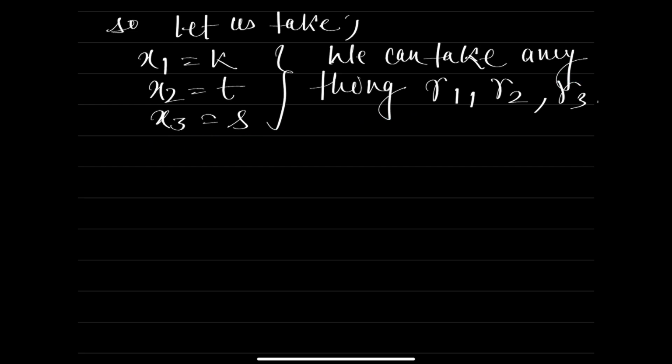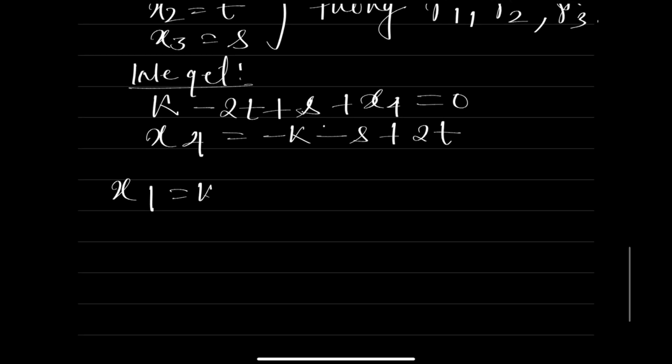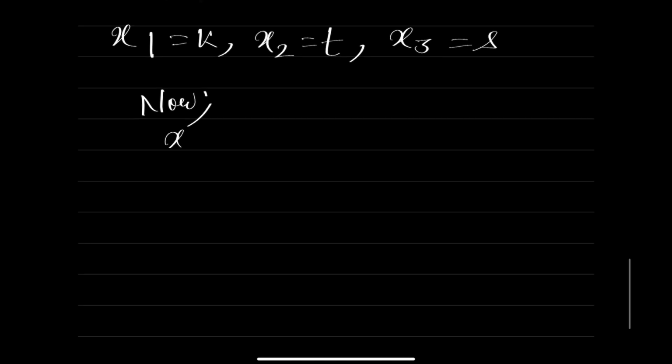Here we have taken k, t and s, so we get k minus 2t plus s plus x4 equals 0. So x4 equals minus k minus s plus 2t, with x1 equal to k, x2 equal to t, and x3 equal to s.